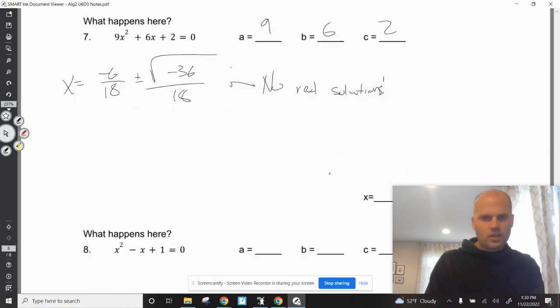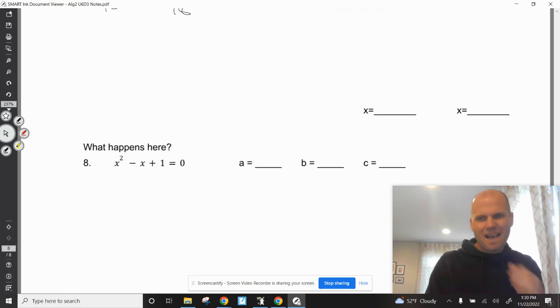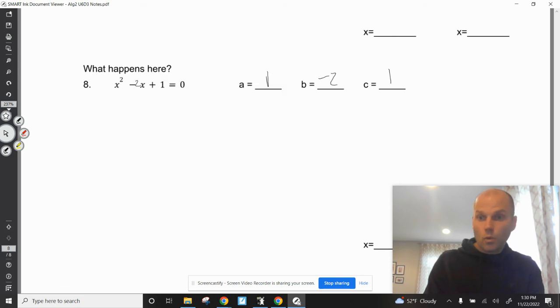The other situation, I was supposed to do this. Make this a negative 2x. Okay, watch this. If A is 1, B is negative 2, and C is 1, what happens here? So I get x equals the opposite of B over 2 times A, and I get plus or minus square root.